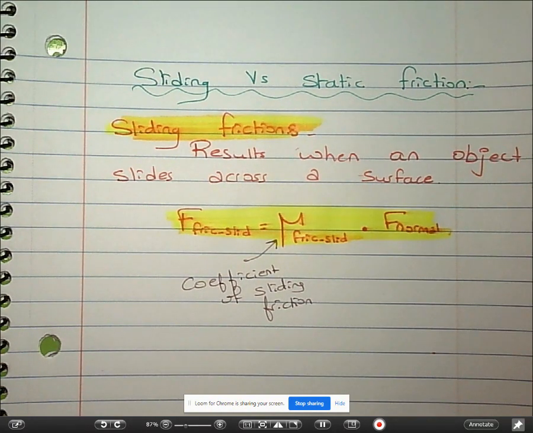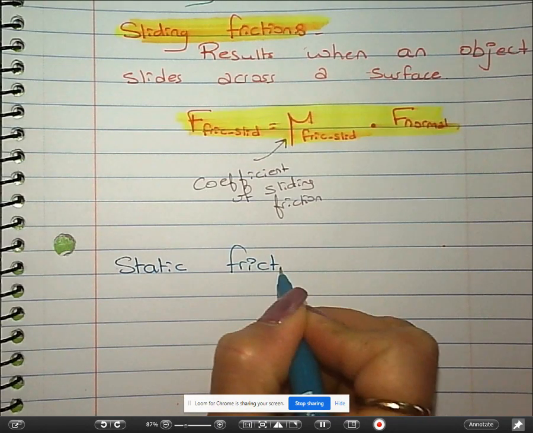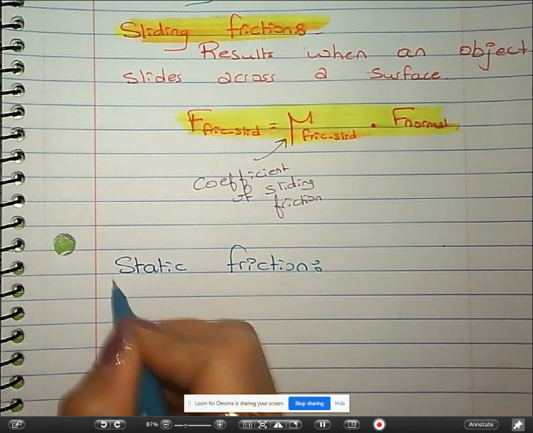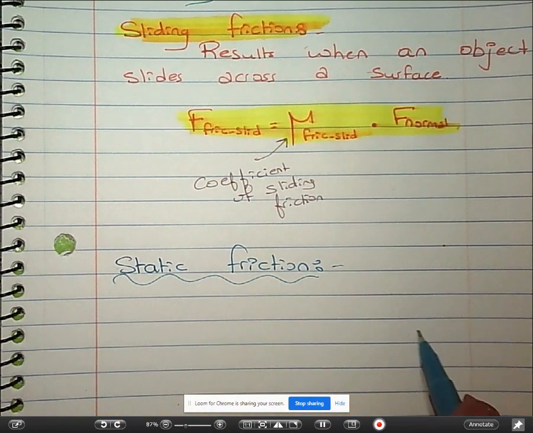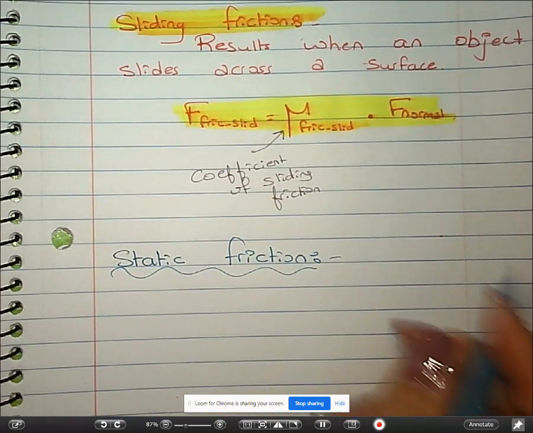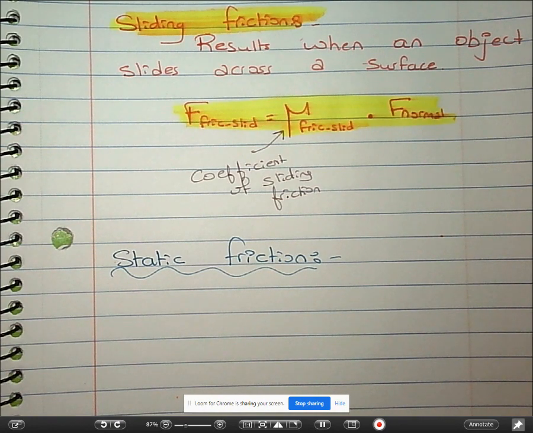Now, what about static friction? What is static friction? It results when the surfaces of two objects are at rest relative to one another, and then a force is exerted on one of the objects to set the other object into relative motion.